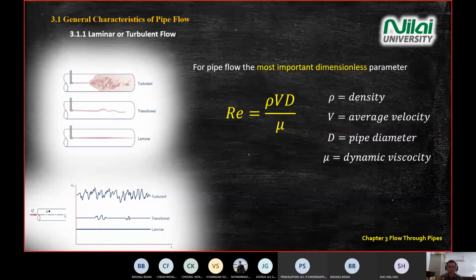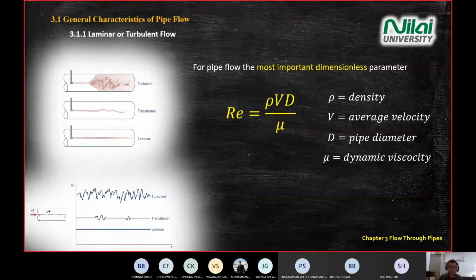It's called the Reynolds number. Reynolds number equals rho v d divided by mu. Rho is density, v is velocity, D is the diameter of the pipe, and mu is the dynamic viscosity.